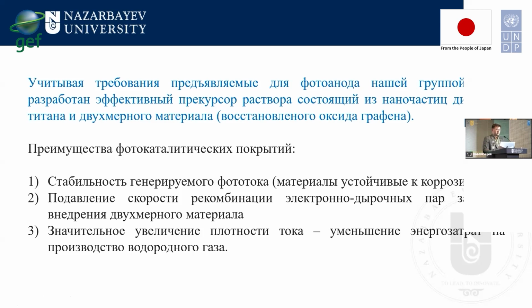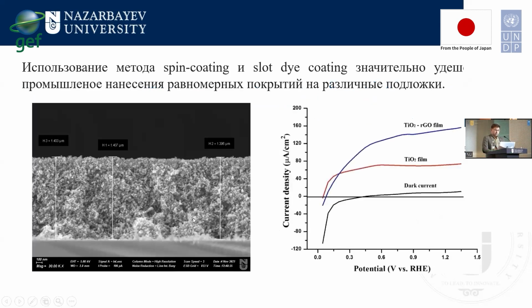Using such materials, we had a lower rate of recombination, and these pairs participate in the reaction. That's why we receive hydrogen and oxygen. And third, because we use this double material, the current density increased, and that reduced the energy use for receiving green hydrogen.